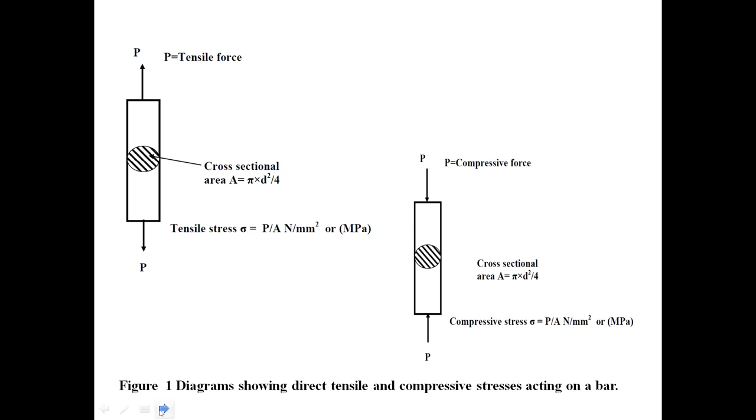So, as we know, Hooke's law states that stress is directly proportional to strain within elastic limit. So, stress is indicated as sigma. Therefore, sigma is equal to capital E into small e. Here, the capital E term is identified as Young's modulus, and the small e term represents strain.